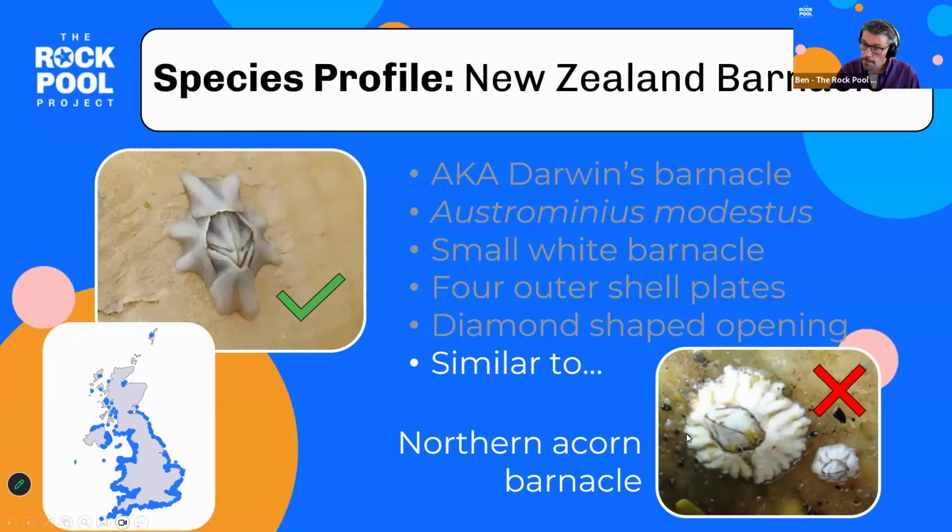It's native, as you might have guessed, to Australasia, and also in Australia, it's found in New South Wales and in Tasmania and Victoria, but it's also very common in New Zealand. That's its native range.